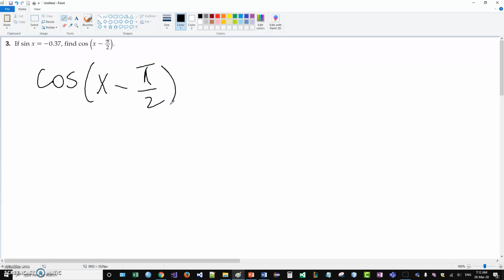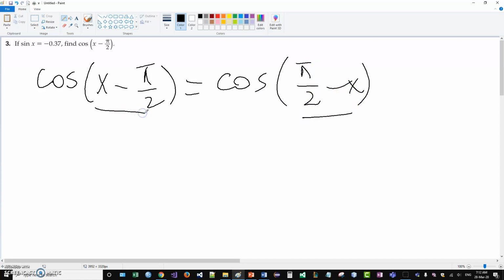We know that cosine is an even function, which means cosine minus theta equals cosine theta. So we can say that cosine of x minus pi over 2 equals cosine of pi over 2 minus x. This one is the opposite of this, so they have the same cosine.